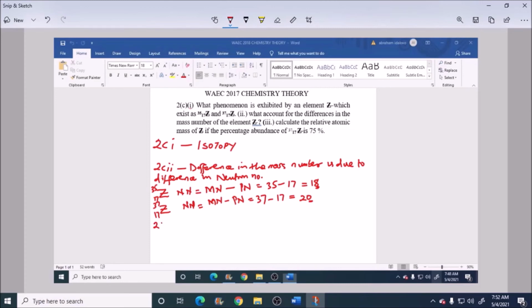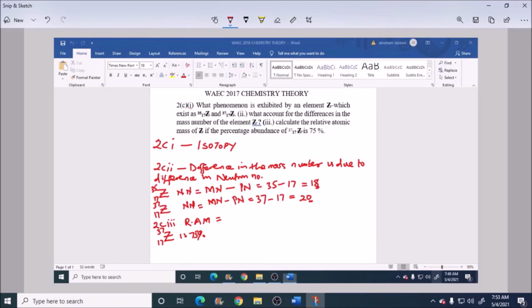Then question 2C, Roman figure 3, we have to calculate the relative atomic mass. We are given one atom of this element with 37 as mass number and 17 as atomic number. Then they say the abundance is 75%.